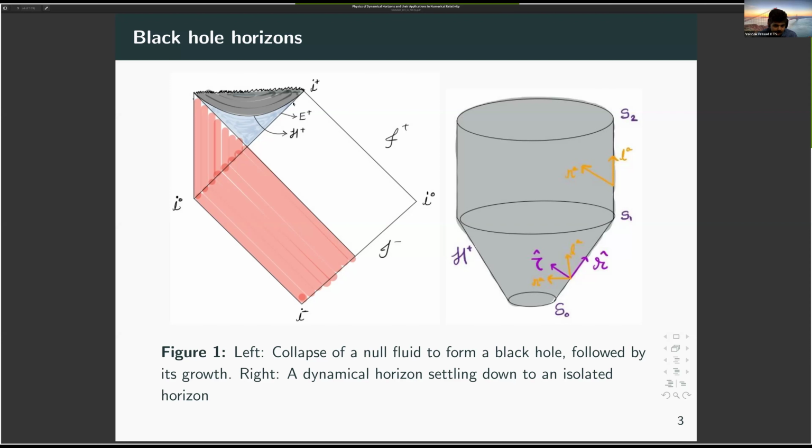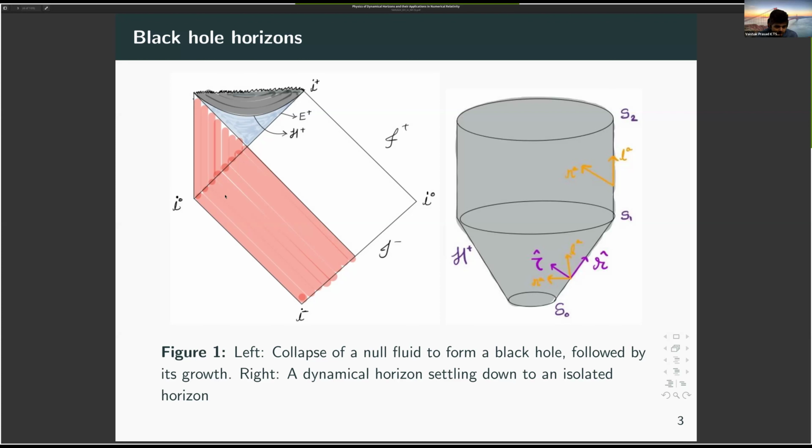How we would identify this is basically that we wait till all the dynamics cease, and then we track light rays backwards in time and find out the last light rays that reach from the innermost regions of the spacetime to future null infinity, the last light rays which can escape out to future null infinity. Once you start drawing these light rays, you suddenly realize something. What is that?